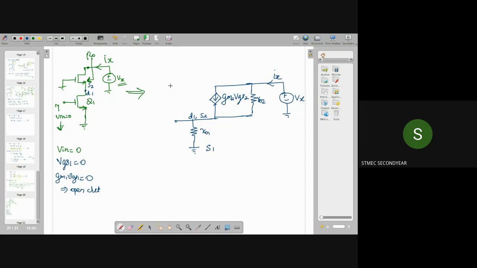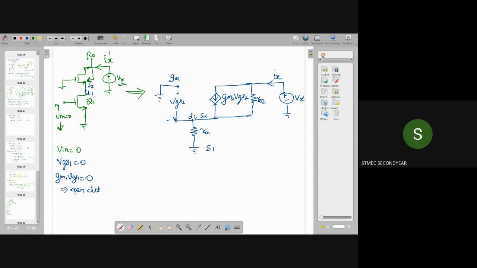Here also the gate of this transistor, G2, is grounded, and here you will be having VGS2. So this is our equivalent circuit corresponding to this configuration.